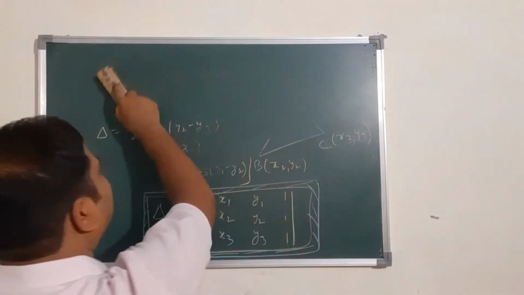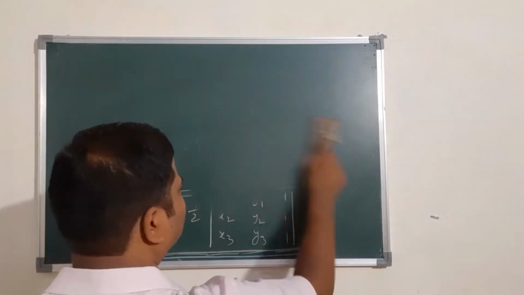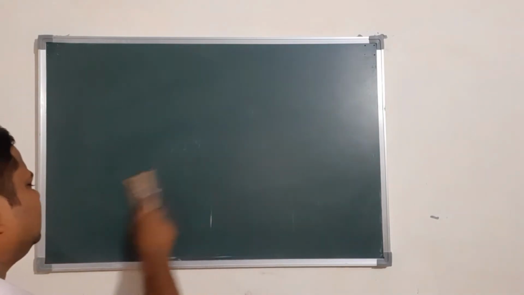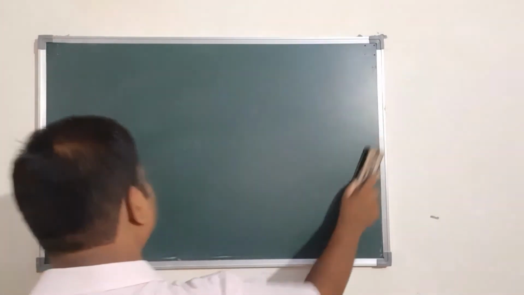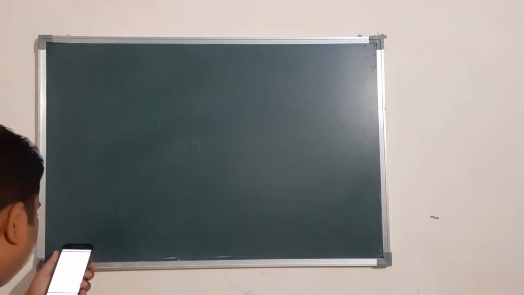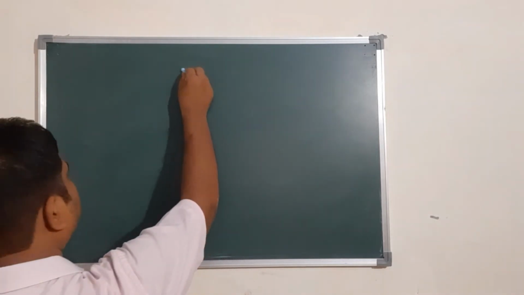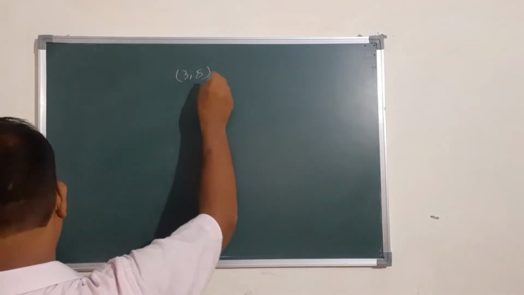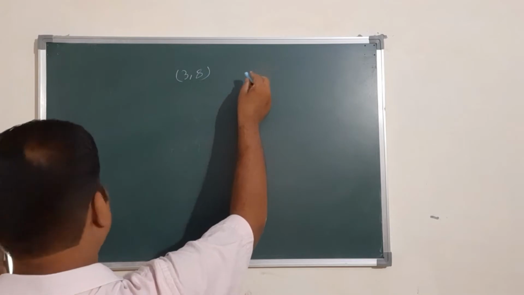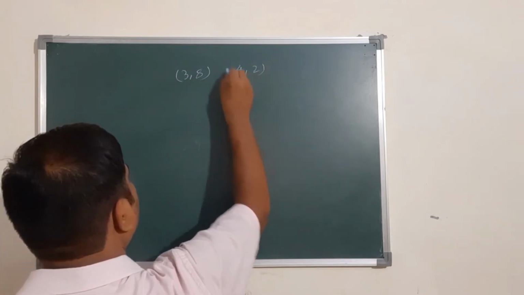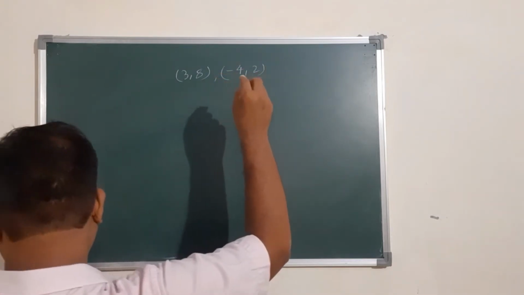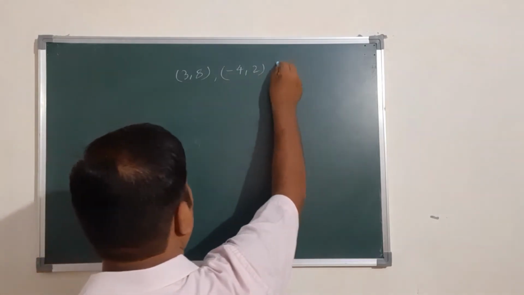Write down: find the area of the triangle whose vertices are (3, 8), (-4, 2) and (5, 1).